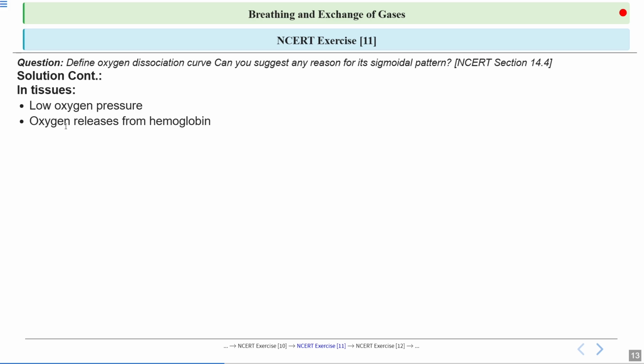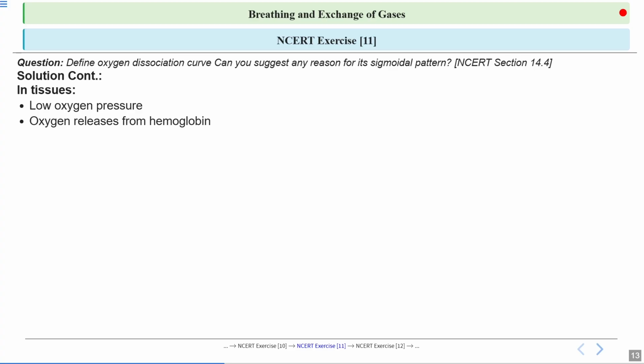Oxygen is released, broken, or you can say departed from the hemoglobin, gets dissociated, and reaches the tissue, because the gas oxygen moves from a region of high concentration to a region of lower concentration. So blood has a high concentration of oxygen, but the tissue has a low concentration of oxygen.